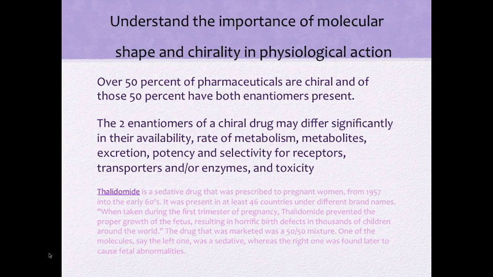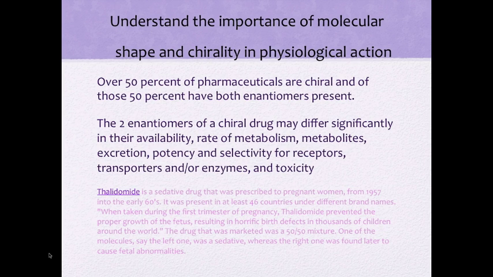Understand the importance of molecular shape and chirality, stereochemistry, in physiological action. About 50% of pharmaceuticals are stereoisomers. And of those 50% of the pharmaceuticals, another half of them have both enantiomers, both left and right, present.